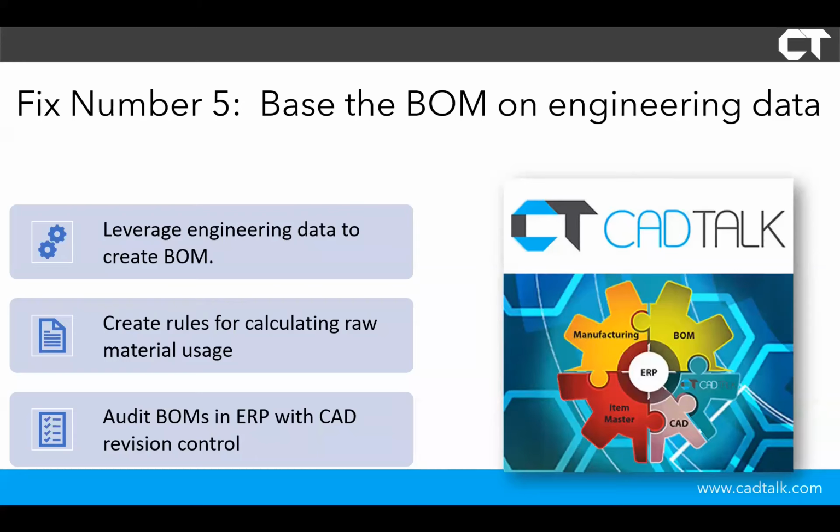These rule-based systems, even if they're not automated, if they're manual, can help drive efficiencies and accuracies into the bill of material. Anytime you're basing your decisions on data, and especially design data, and you have a rule-based system, that system can be improved upon, and you can get better value and better information from the ERP.